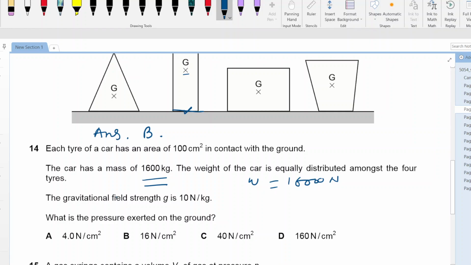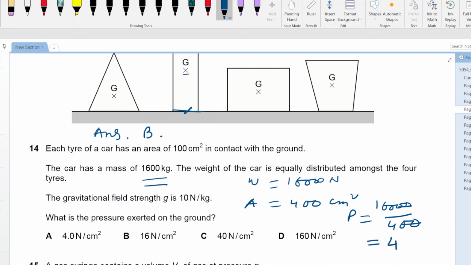And since there are 4 tires, the area equals 400 centimeter square, and pressure equals force by area, 16,000 by 400, and this equals 40 Newton per cm square.